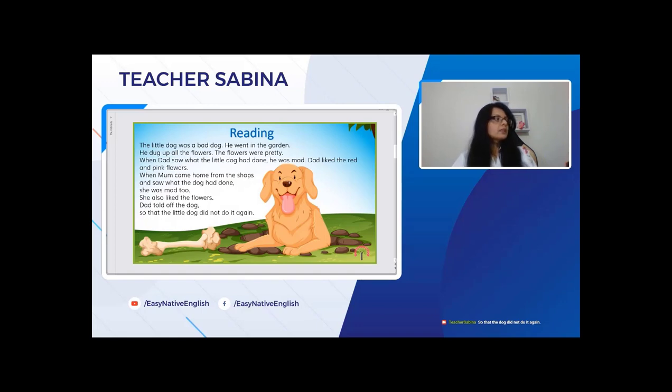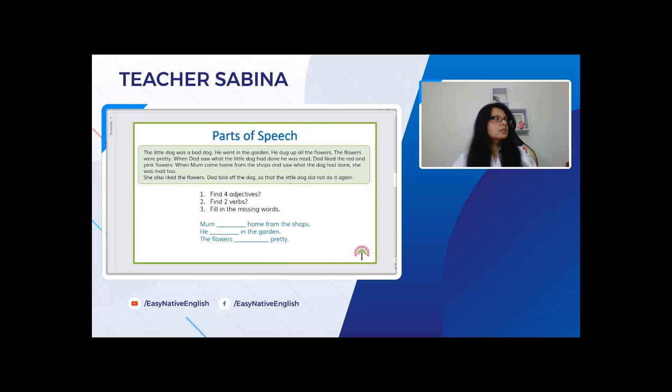Okay, so let's have a look at the next part. Moving on. Parts of speech. So we have the same text again here. And this time we're going to look at the different parts of the sentence. So we need to find 4 adjectives. Now adjectives are words that describe a noun. But I missed articles in all the answers. I know. You shouldn't.